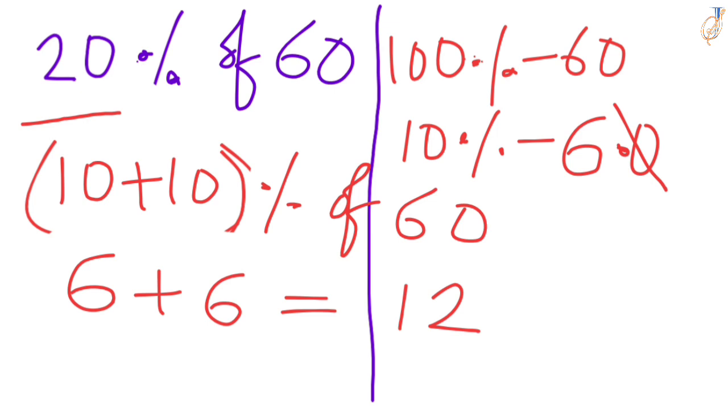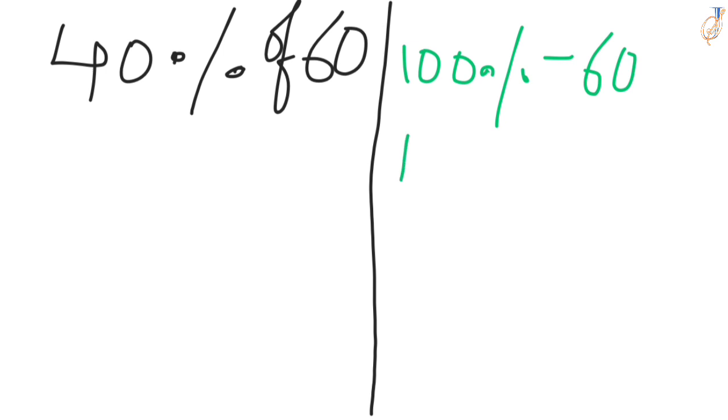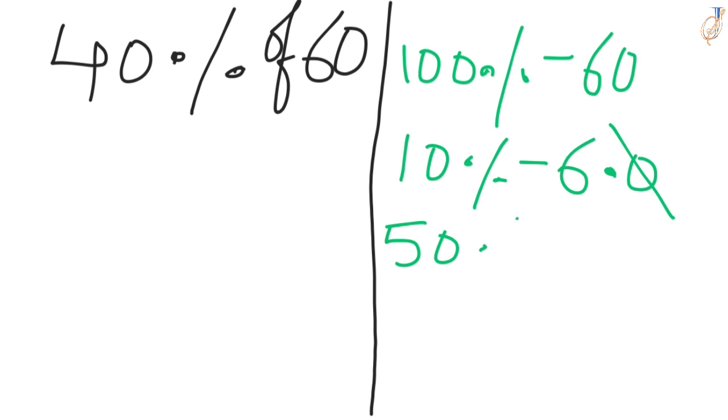I will explain one more example. 40% of 60. First you have to take 100% of 60. What is 100% of 60? It is the number itself, so it is 60. What is 10% of 60? From right hand side move one digit and place a decimal point. And then what is 50%? 50% is nothing but half of 100. 100% value is 60.